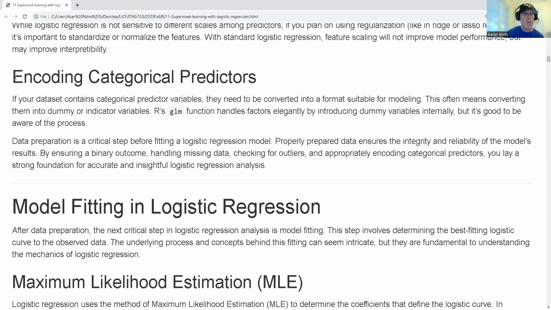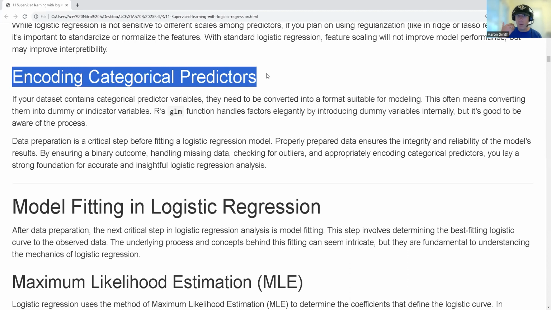Now, something that we also need to worry about is that linear regression and logistic regression and generalized linear models cannot handle categorical data as straight categories. We need to deal with them some way. So either we need to do dummy variables, or we need to do categorical smoothing.